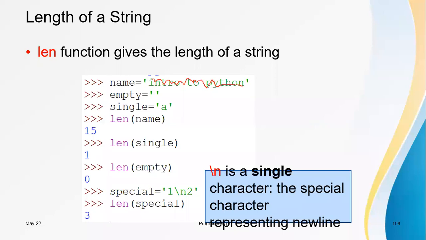They will always try to represent that as a new line. Hence, it will take the length of this particular string as 3, because 1, next line, 2. So 3 is the total number of characters. Clear?